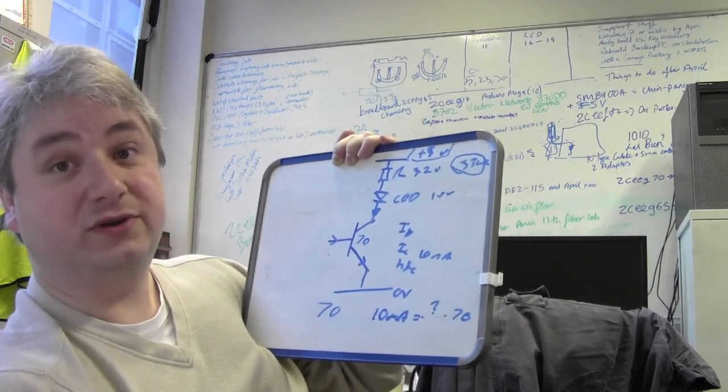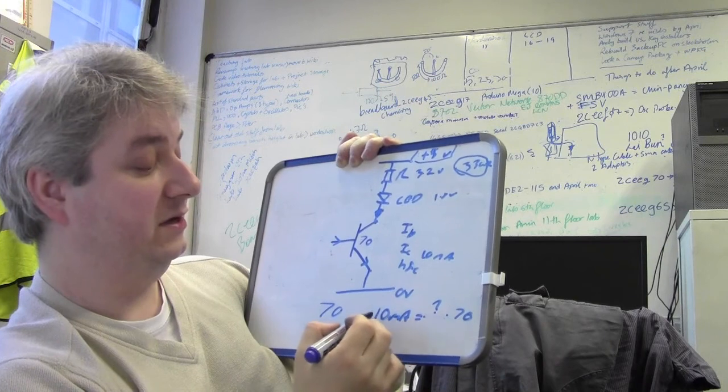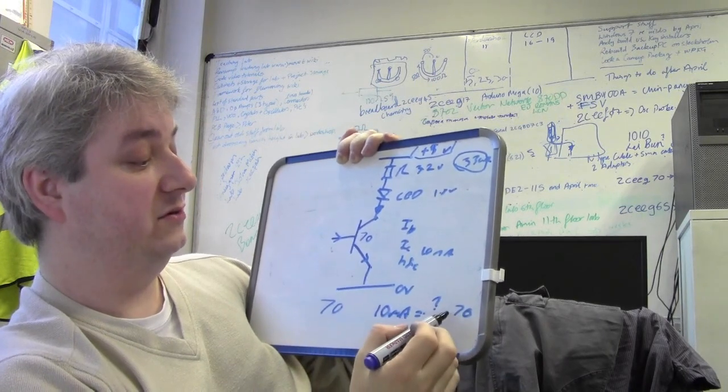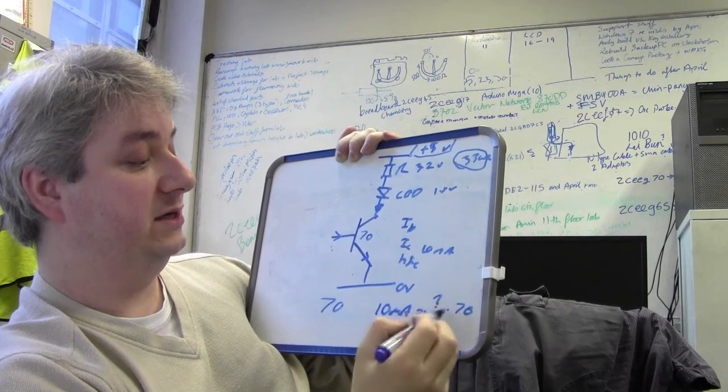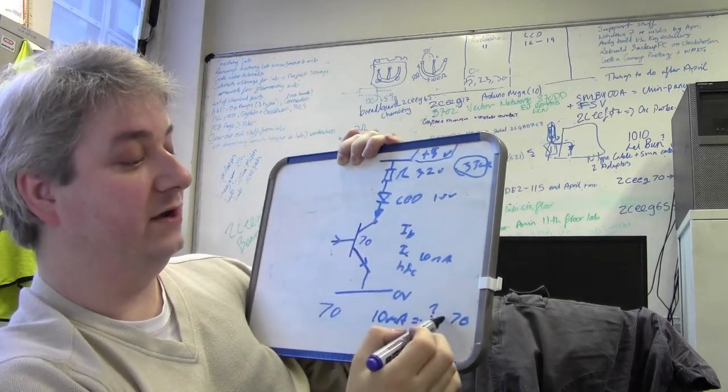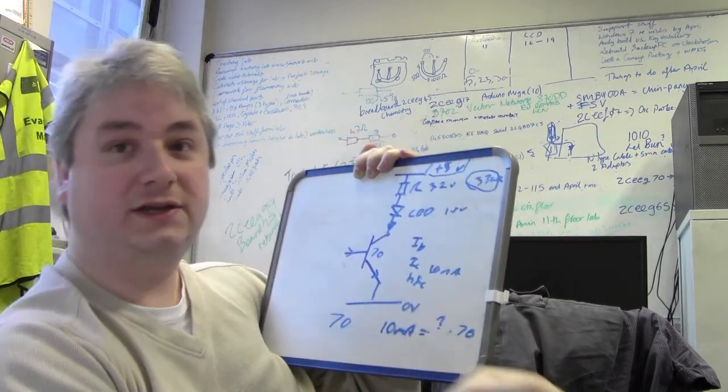So let's do the math. We want to know what IB is going to be. What value do we need to multiply by 70 to get IC?